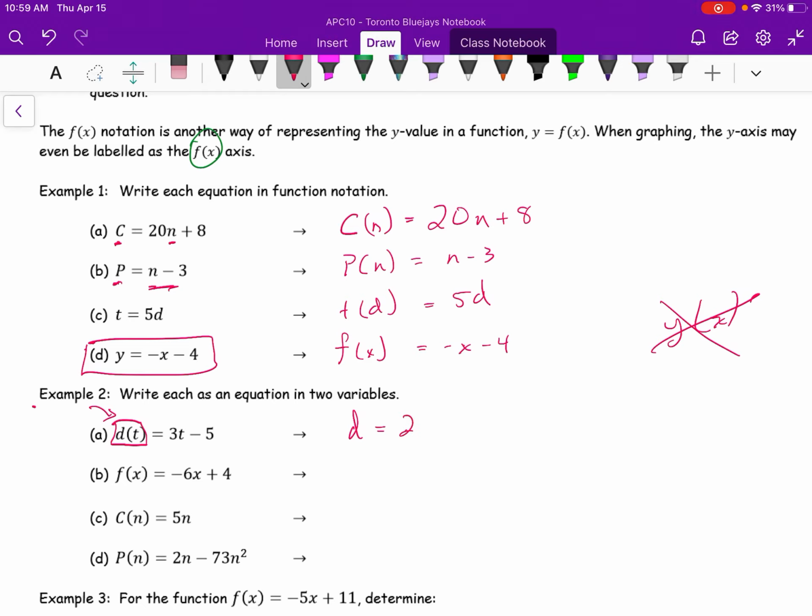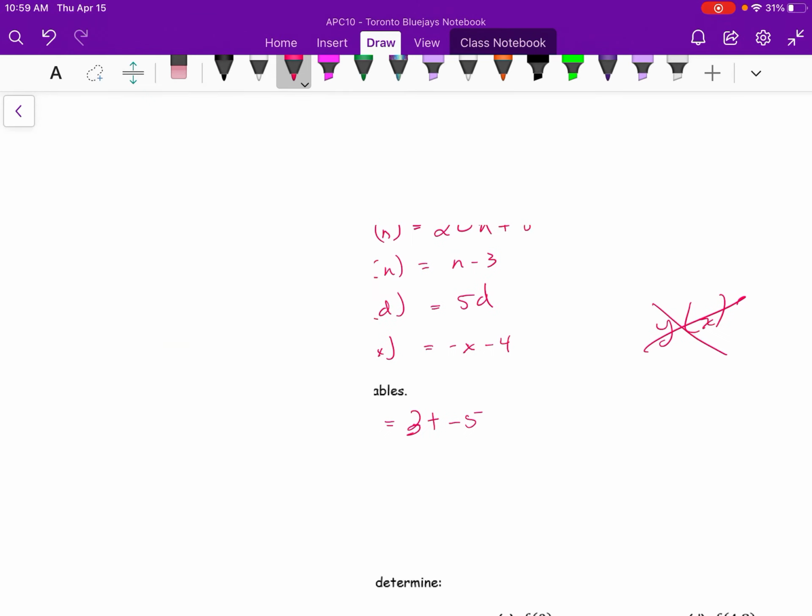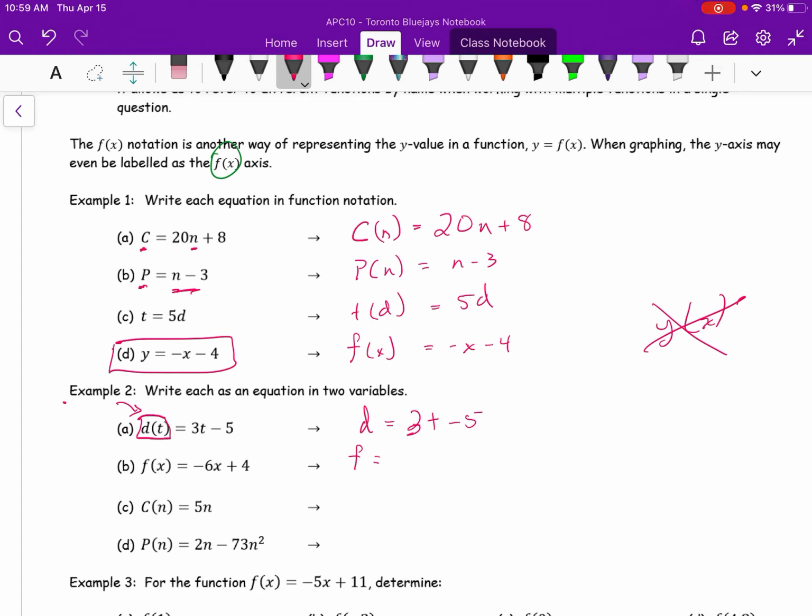So if I was just to write this in two variables, all I would have to do is take away that t. It doesn't really do anything other than pure notation. F of x is equal to negative 6x plus 4. I would just write this as f is equal to negative 6x plus 4, and so on.